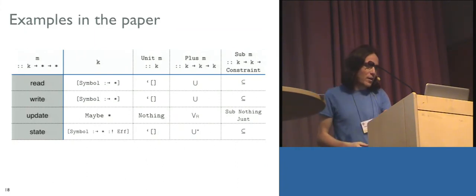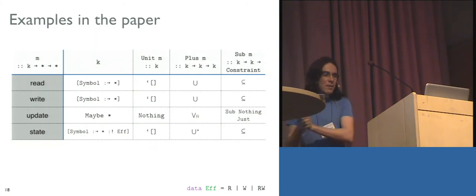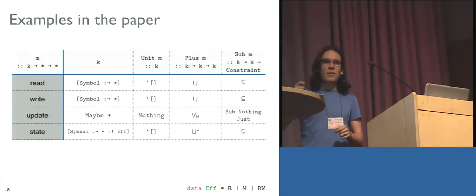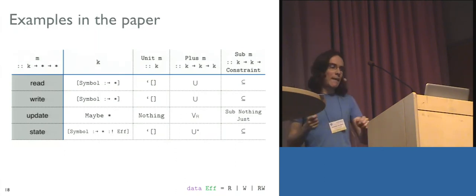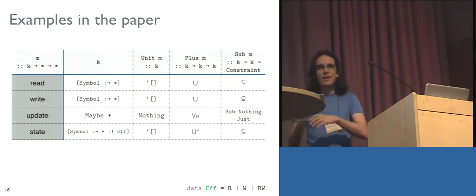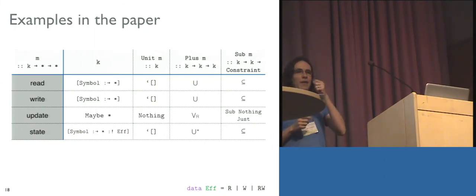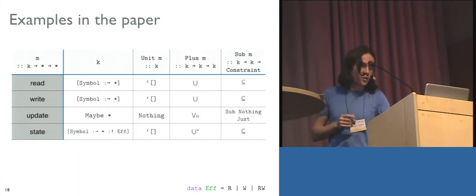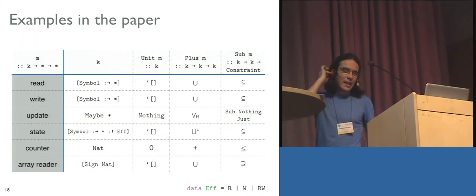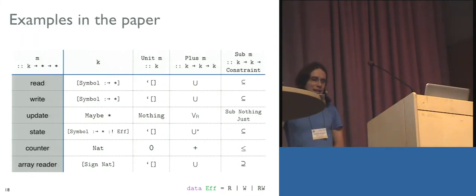So there's state, which is the really kind of cool one, which is similar to reader and writer, but now we have this little extra data type that tells us whether we're reading, writing, or doing a read-write. And then it has a special union, which I'll show you in a moment, which is similar to our previous union, but when we have a read and a write to the same variable, it squashes that together to a read-write. So it's not just pure union. There's the counter, which I mentioned. There's also something which, if you look at the sub, here we have a superset relation.